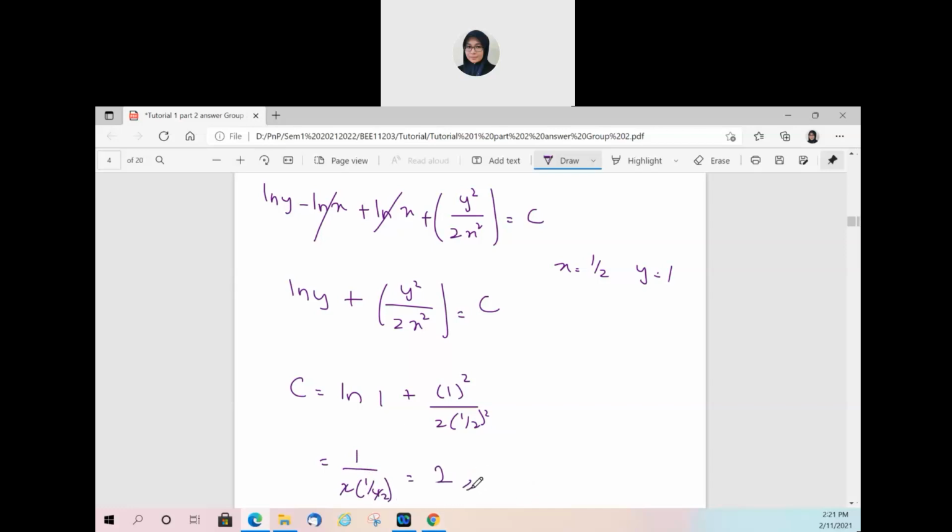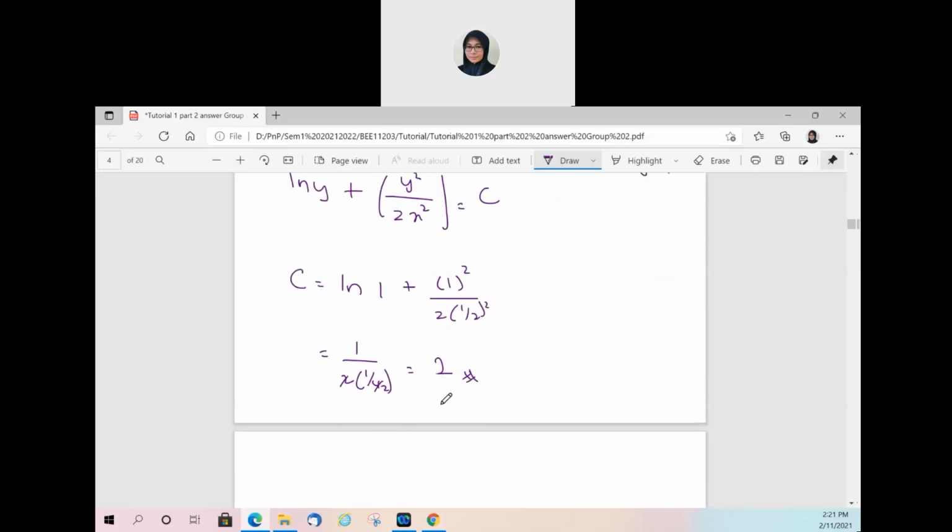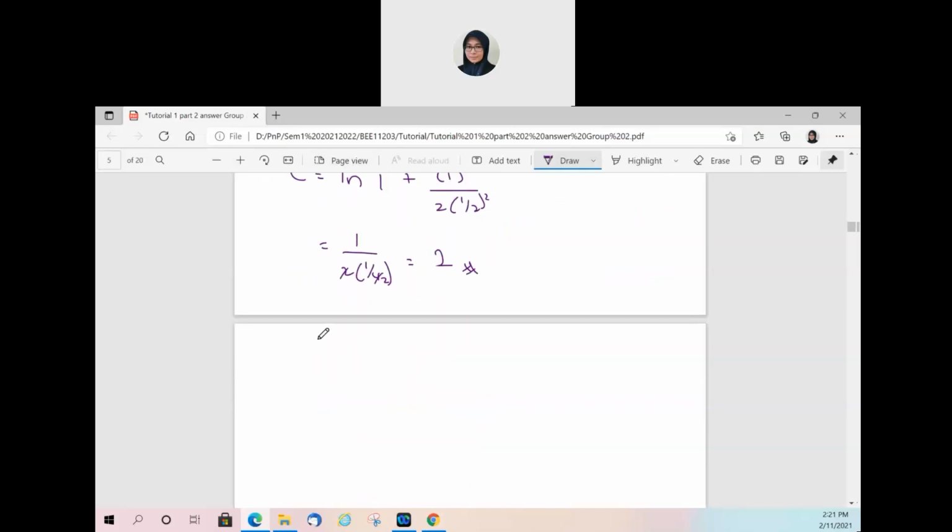So C equals to 2. You can use a calculator and you get 2. Then C equals to 2, you put it back in this equation. Finally, ln y plus y squared over 2x squared equals to 2.